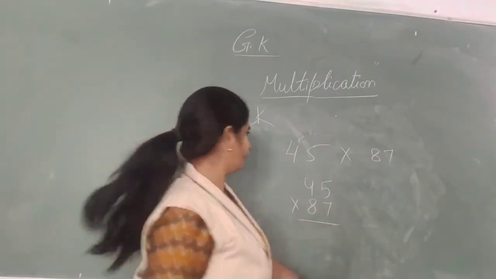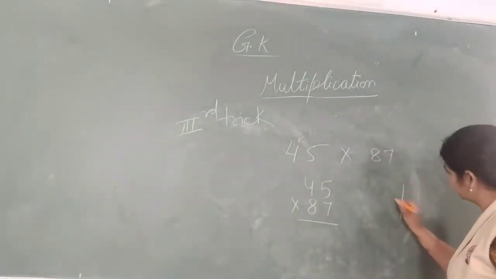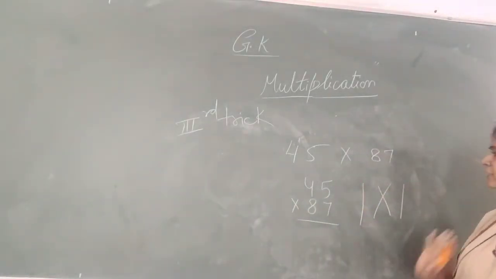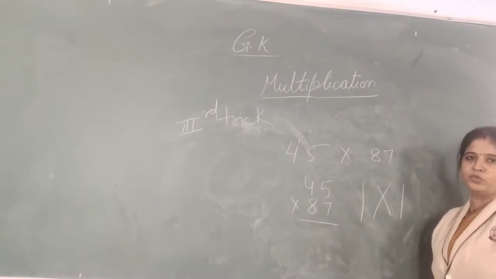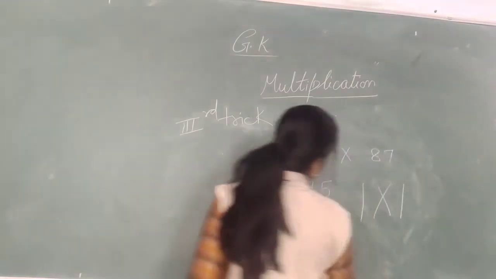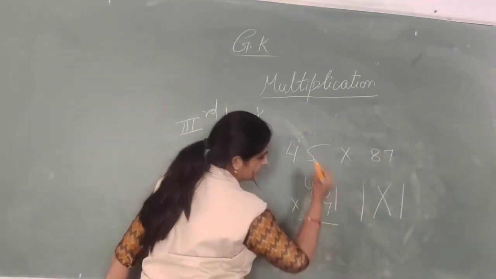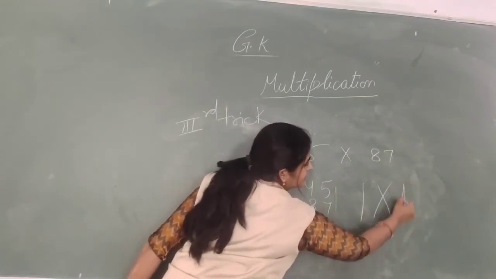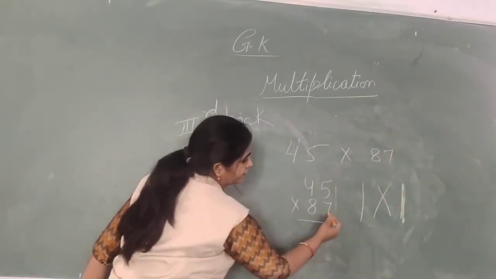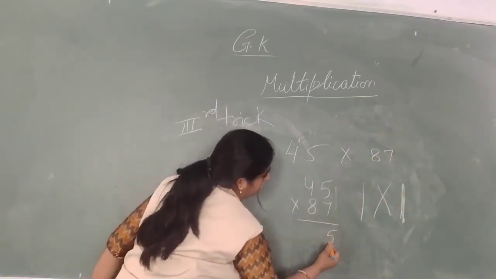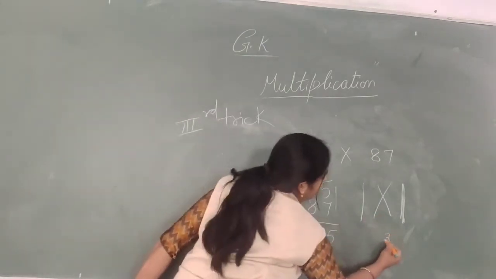Now you have to follow one diagram. This pattern you have to remember for two-digit numbers. First you multiply these two numbers. 7 5s are 35, 5 and 3 carry.